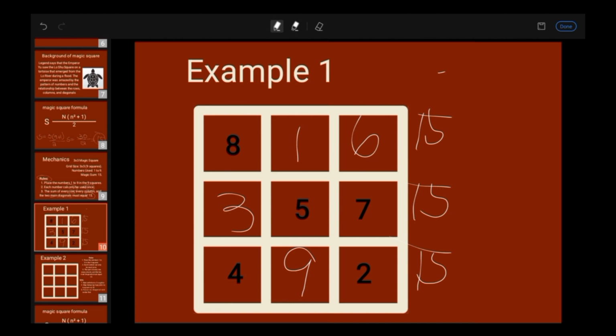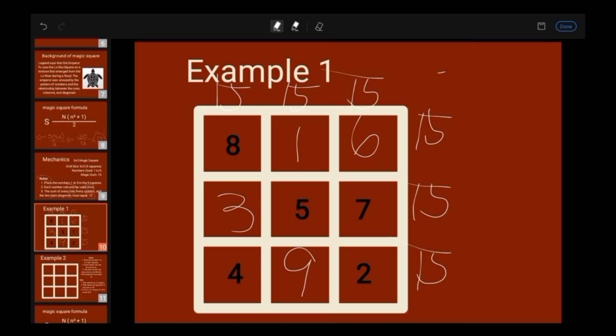Ngayon, yung row naman. 8 plus 3 plus 4 is 15. 1 plus 5 plus 9, 15. 6 plus 7 plus 2 is equals to 15.